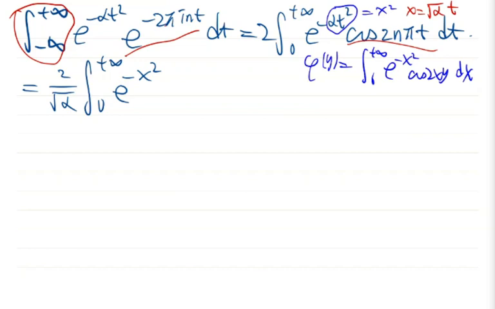Then this integral becomes 2 over square root of alpha, then cosine, t is x over square root of alpha, 2n pi x divided by the square root of alpha. Then dt is dx divided by the square root of alpha.